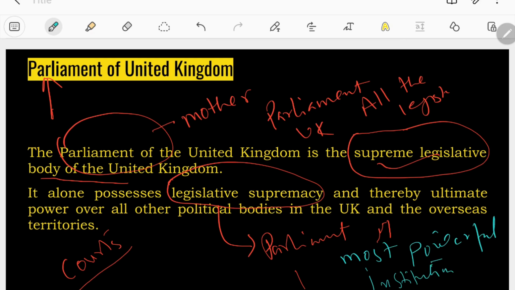So whatever decision is taken by this Parliament is going to be binding almost on all institutions, whether it is the Crown or the judiciary. So this is the way you can understand the supremacy of the Parliament of the United Kingdom here.